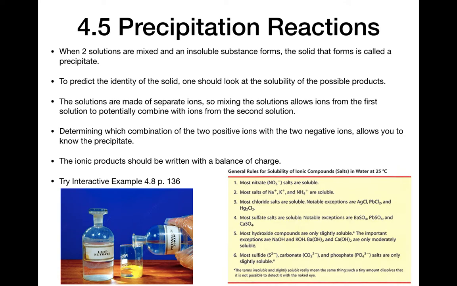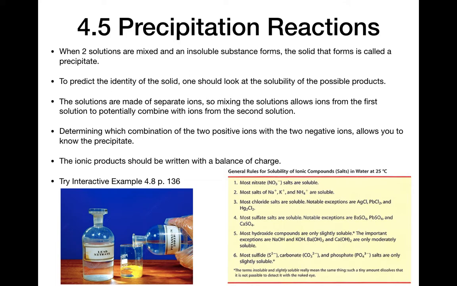Your sulfides, your carbonates, and your phosphate salts, ionic compounds, those are only slightly soluble. The exceptions being sodium, potassium, and ammonium ion with sulfide, carbonate, and phosphate will be soluble. So that's how you get them in solution. You get a sulfide, a carbonate, and a phosphate by putting it with a sodium, potassium, and ammonium. And then when you put it with some other positive ion, it's going to precipitate.